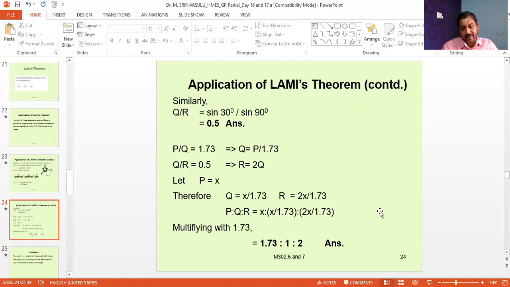Now to get the relationship of the values, we multiply with 1.73.